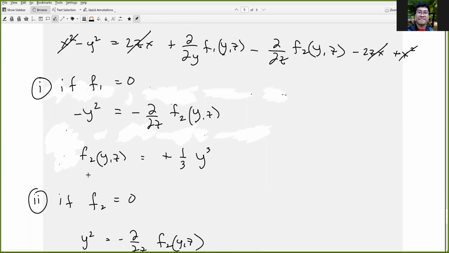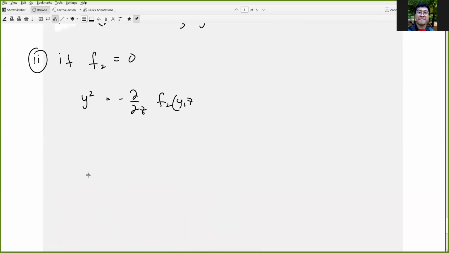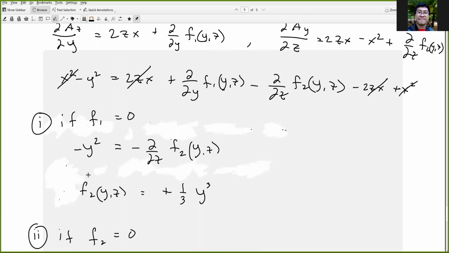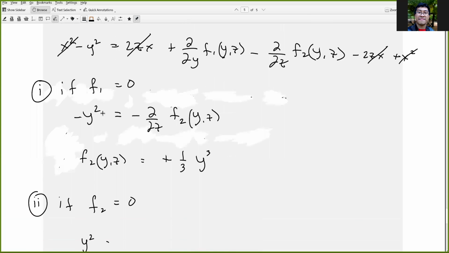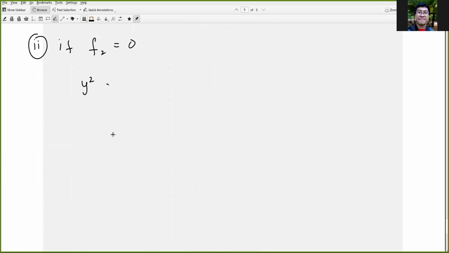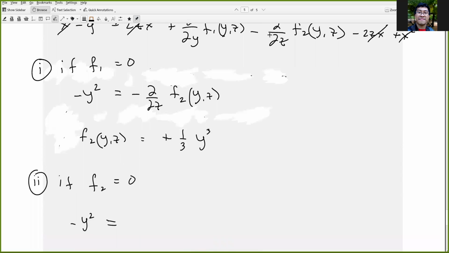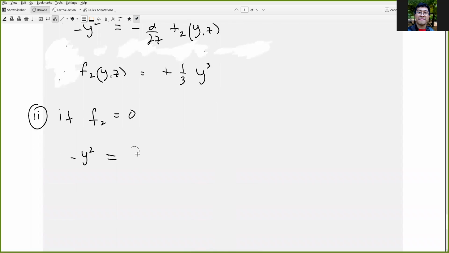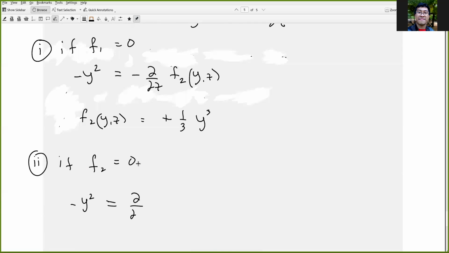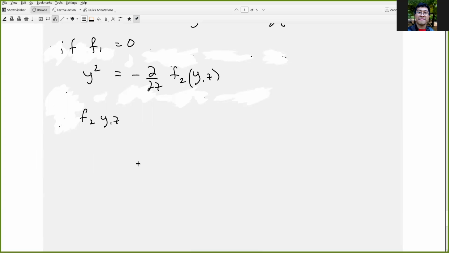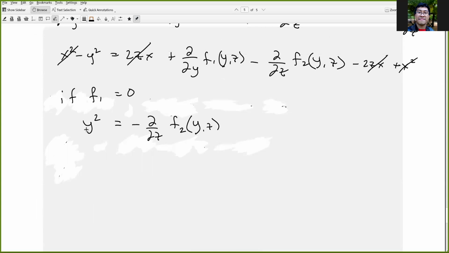Oh no, f2 is 0. So negative y squared equals, this is 0, this partial with respect to, okay, I think I missed this. It's a huge part again. This is with respect to z, and there's a negative here.